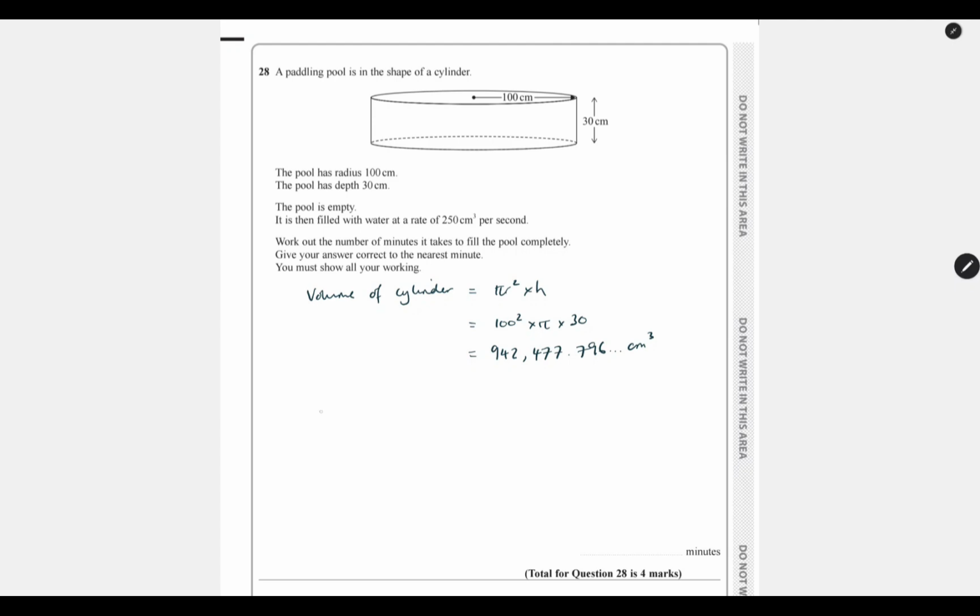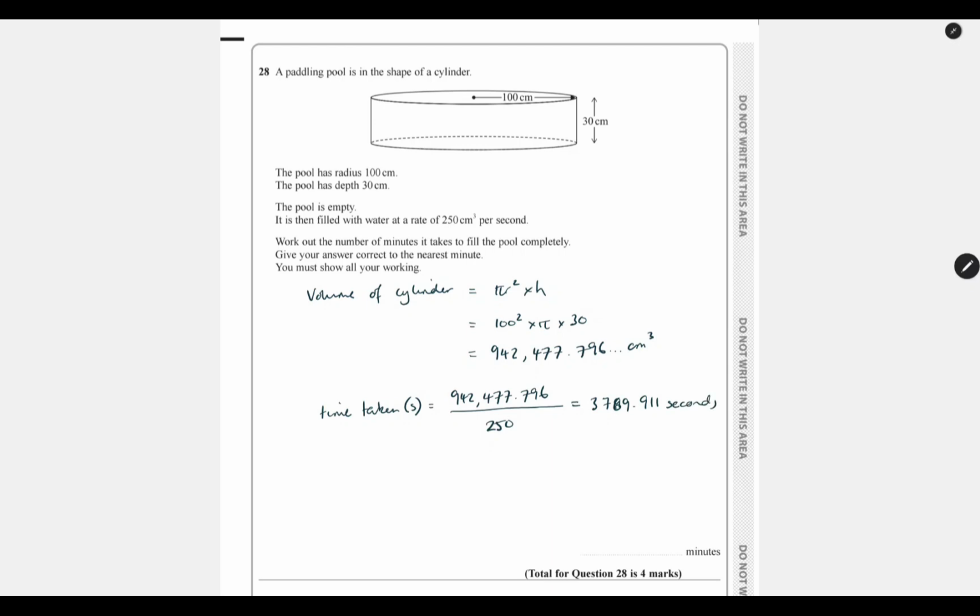So we have the volume and we have the rate, which is 250 centimeters cubed per second, and so we can work out the time taken in seconds, which is going to be 942,477.796 divided by 250, and that's going to equal 3,769.911 seconds.